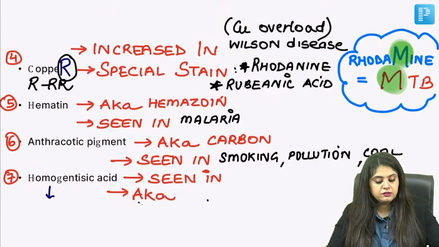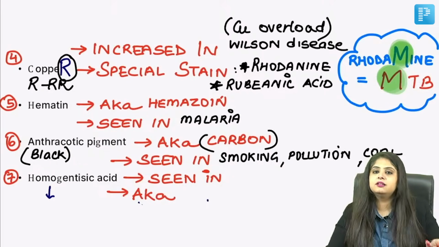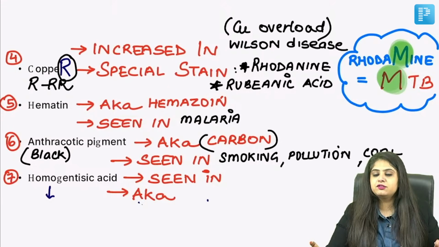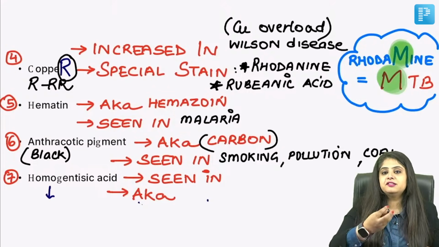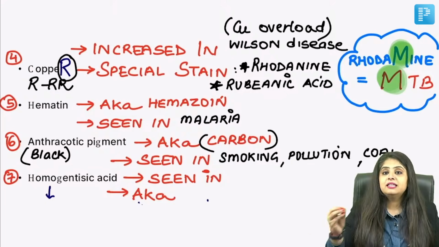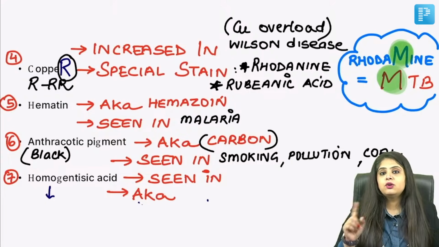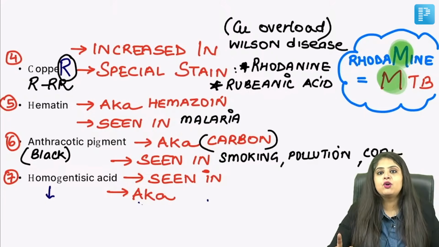What is the color? It is going to be black. Obviously carbon is black in color, easy. So next time, whenever you watch a Bollywood movie, and before that the Mukesh story comes, and they show you the black color lungs, and they squeeze the lungs and say coal tar is coming out of it, that coal tar black, you will not call it carbon, you will call it anthracotic pigment.